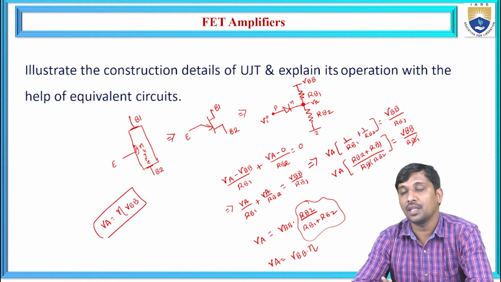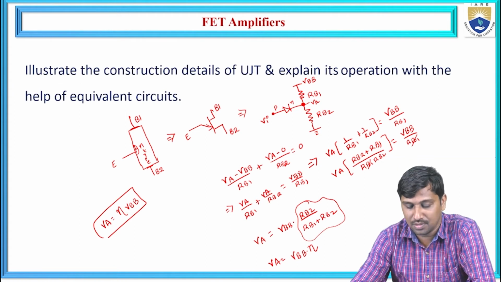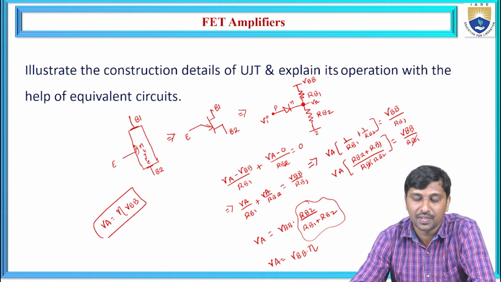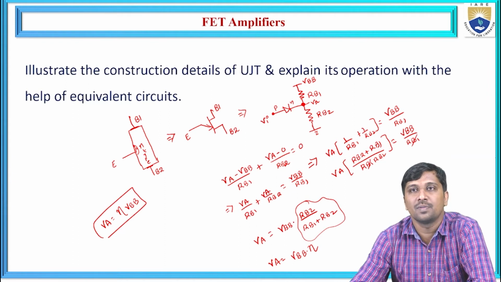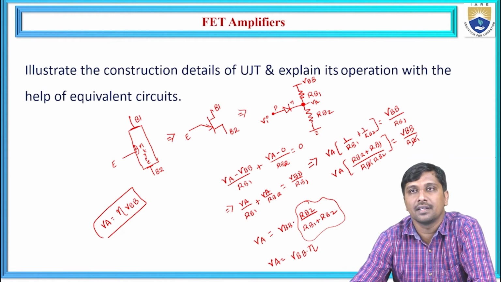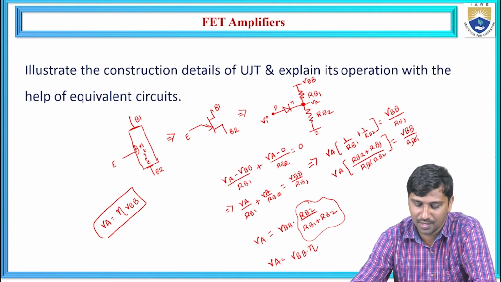Based on this, we should explain the equivalent circuits. Now we can explain how this UJT changes from non-conducting state to conducting state. If you recall the diode principle, in a semiconductor diode the anode voltage must be greater than the cathode voltage, then only the diode enters into the conducting state.